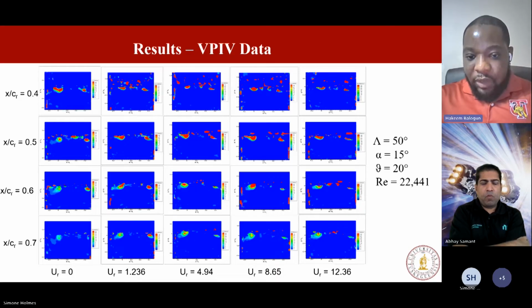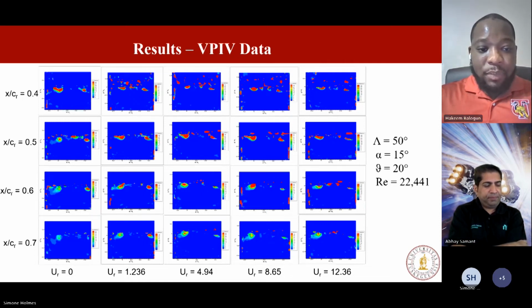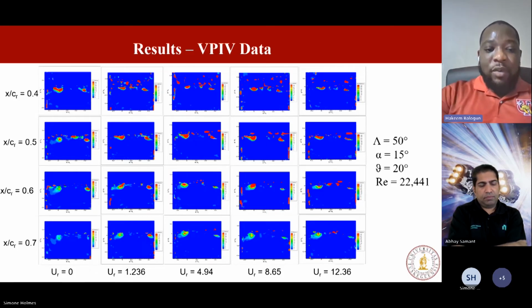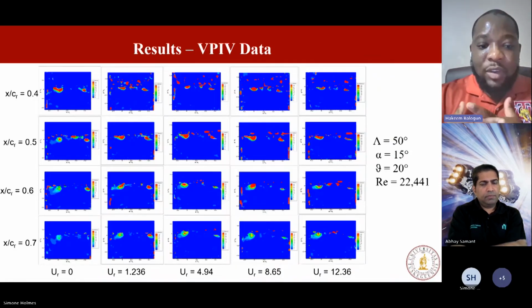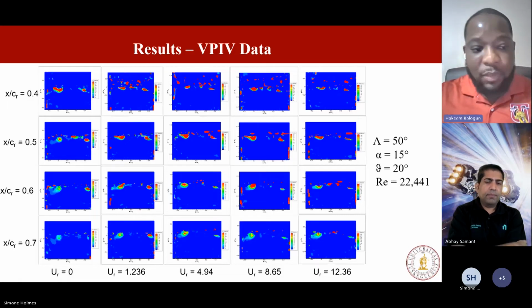for the cases where the jets are on, the primary vortical structures become smaller. And as you go from X over CR 0.5 to 0.6, the vortical structures become smaller as you increase the jet velocity ratio, with the starboard side vortex almost disappearing at a jet velocity ratio of 8.65 and 12.36.